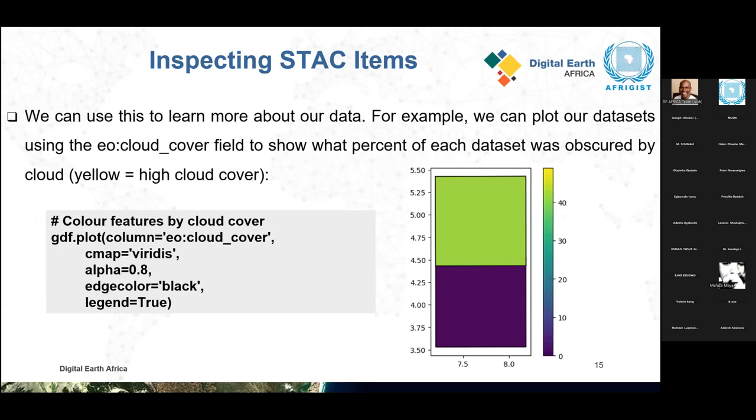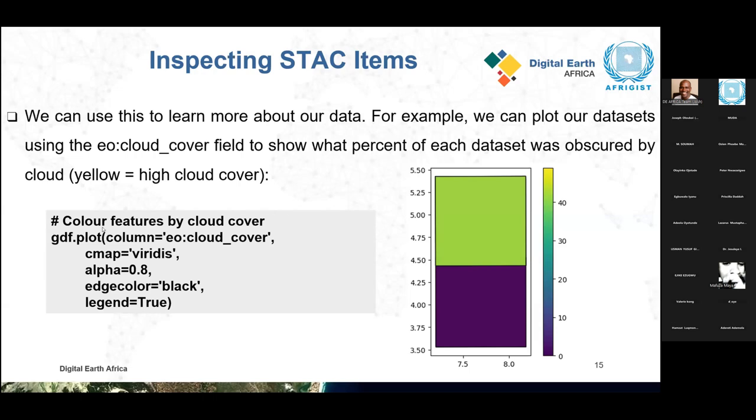We can plot our dataset using the eo:cloud_cover field to show what percent of each dataset was obscured by cloud. The yellow color indicates a high cloud cover, and it is recommended when using satellite imagery or Earth observation in the optical range that the cloud cover should not be more than 90%.